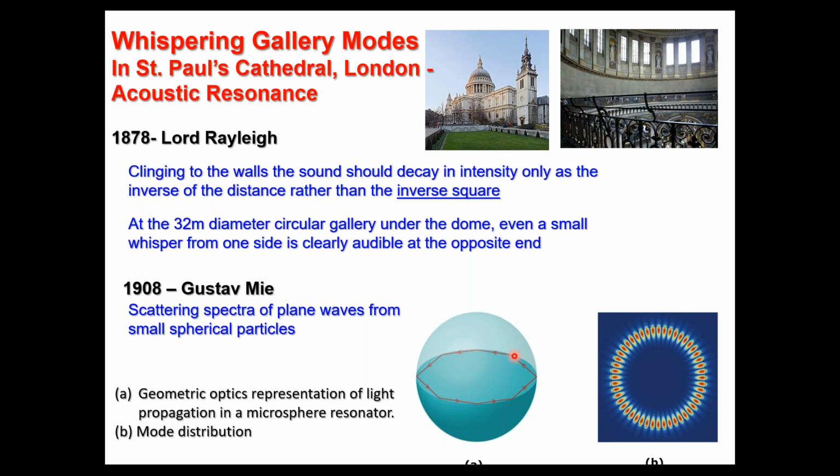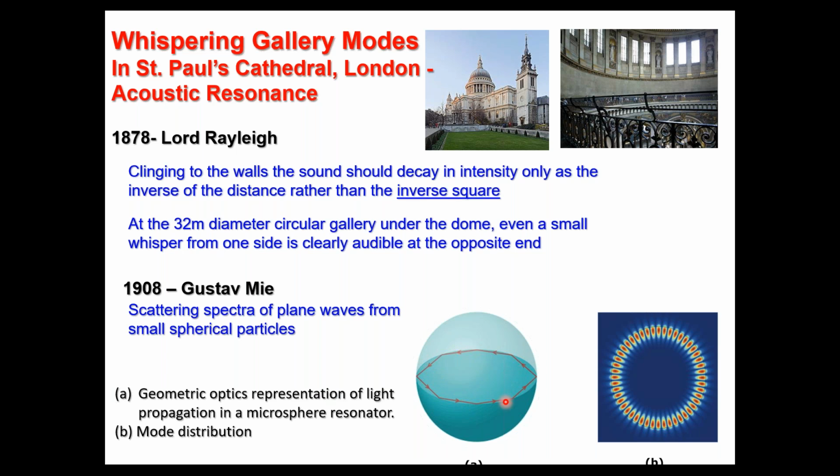So for light also there exist whispering gallery modes. This is a geometrical optics representation of the light propagation in such a microsphere. This is a sphere. You can imagine something like a sphere made of glass or a sphere made of transparent polymer or plastic. So you can confine light in this manner.